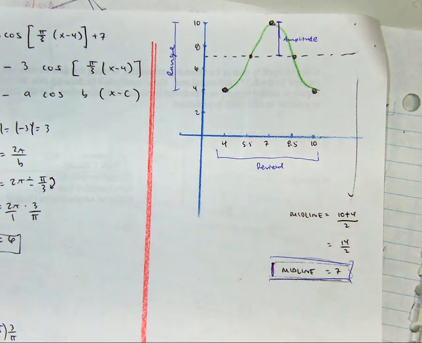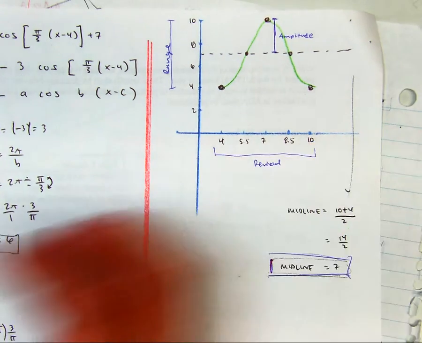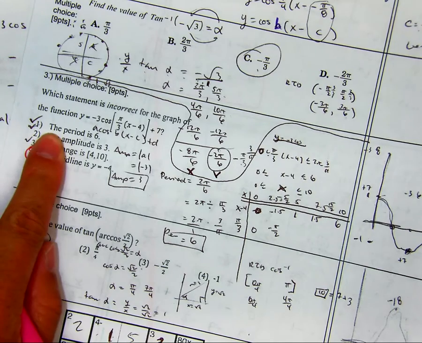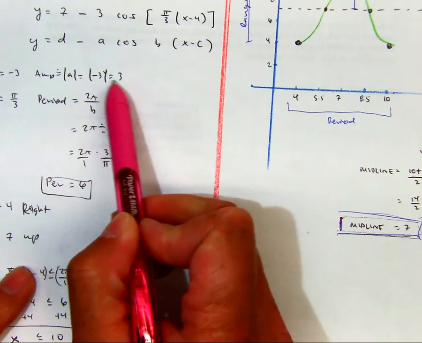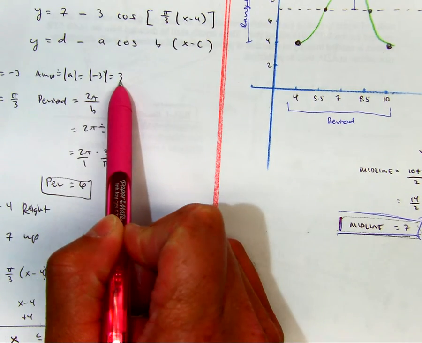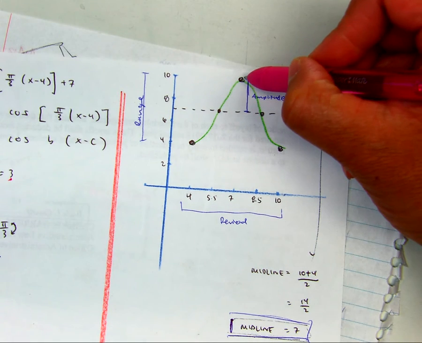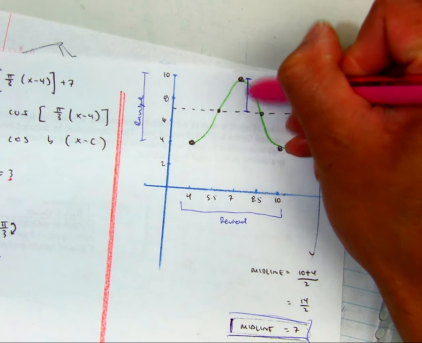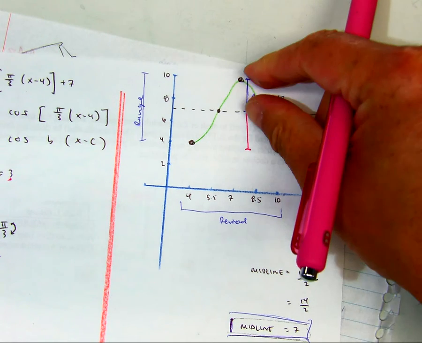Remember, the period is when the graph starts and when it ends. So number 1 I put here is true, check mark. Amplitude, if you graph this, the amplitude is the absolute value of A, which means that's 3, which is true. And on the graph, remember, the amplitude is the maximum or the minimum. So you could have gone this direction to the maximum, this direction to the minimum, and this is your amplitude, not both.